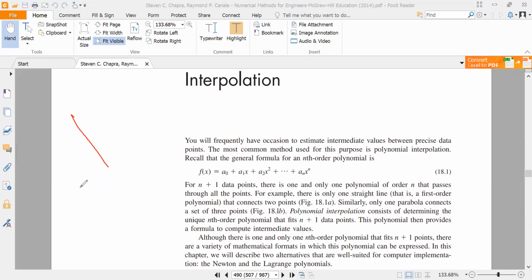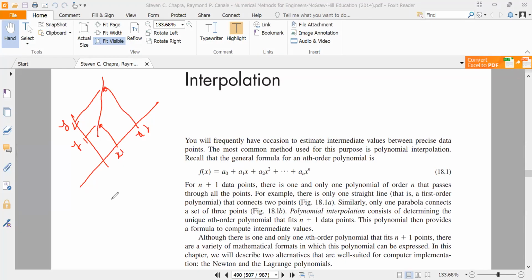Say this is your x1 and this is your y1. Another point is x2 and y2. What function can satisfy these, right?